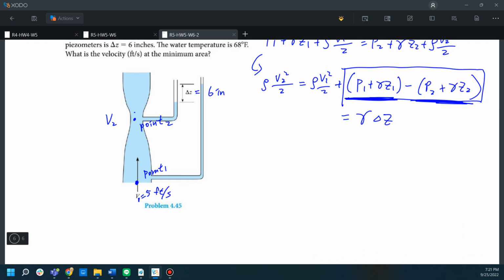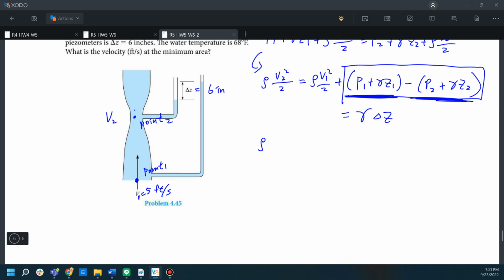So let's further organize these things. So V2 squared divided by 2 is equal to V1 squared divided by 2 plus gamma delta Z divided by rho. And let's isolate this V2 variable. Let's cancel this rho, and cancel these 2 times 2.